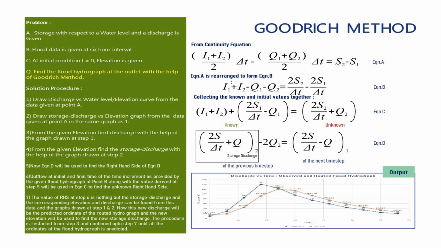The problem is you will be given storage, water level and discharge of a reservoir. There will be a table given to you where storage, the corresponding water level or elevation, and discharge or outflow will be given.